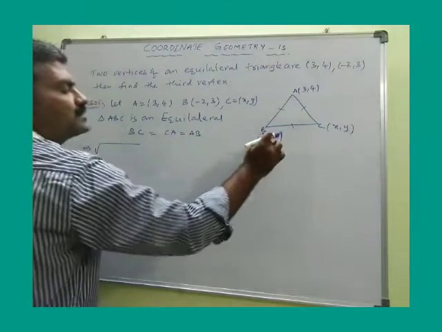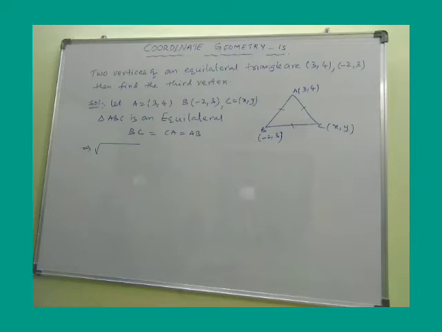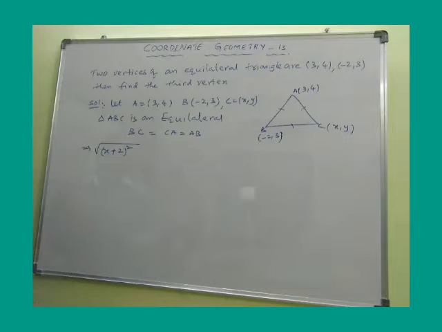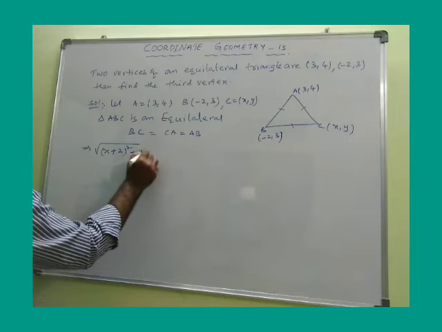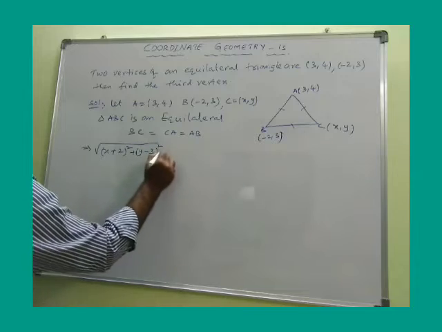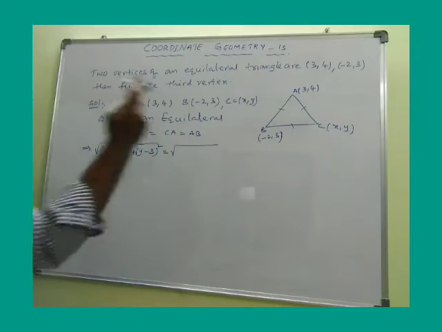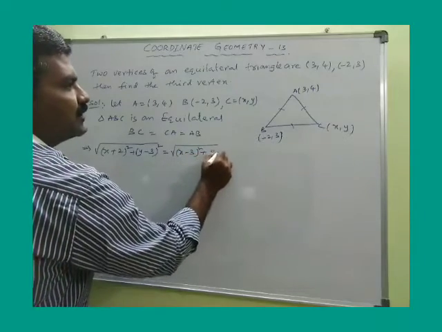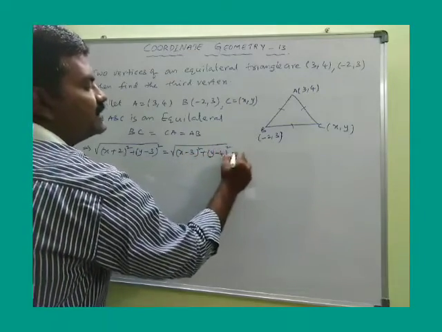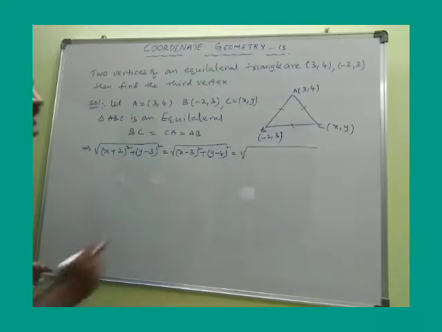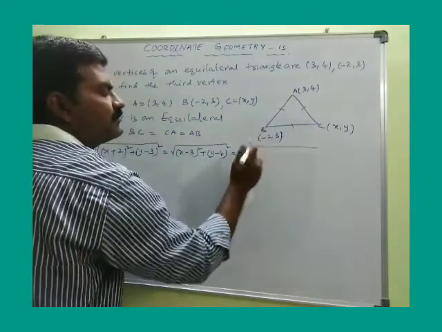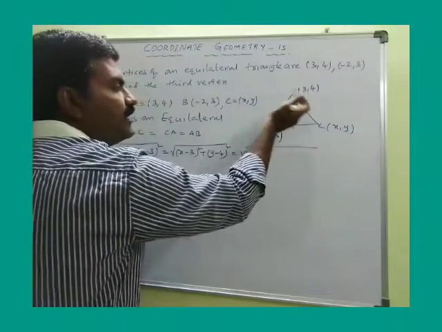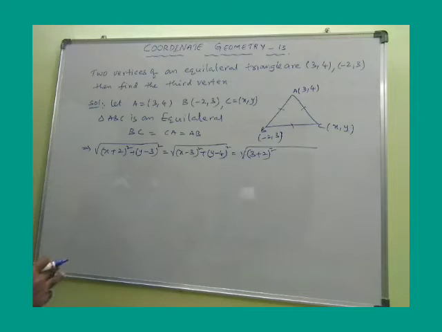(X1 minus X2) whole square plus (Y1 minus Y2) whole square. That is (x minus of minus 2, so x plus 2) whole square plus (y minus 3) whole square is equal to CA, which is (x minus 3) whole square plus (y minus 4) whole square, is equal to AB, which we can write as (3 minus of minus 2, that is 3 plus 2) whole square. No problem whether it is (X1 minus X2) whole square or (X2 minus X1) whole square.